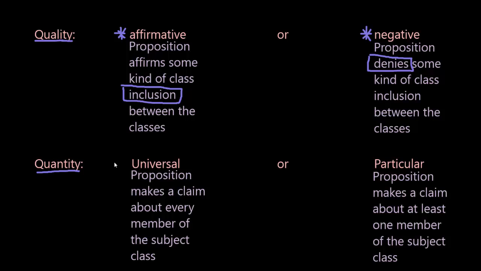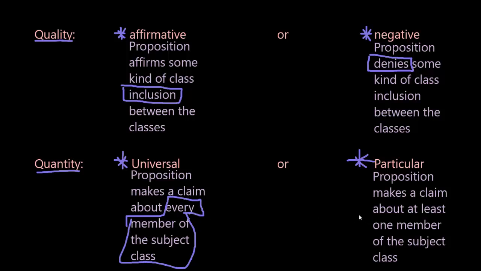For quantity, we again have two possible properties. It can be universal or particular. A categorical proposition is universal if the proposition makes a claim about every member of the subject class.